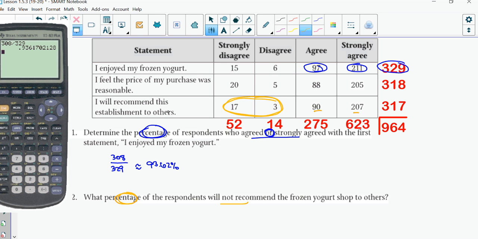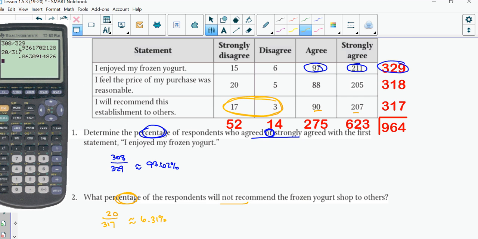Okay, they're disagreeing. So that would be a total of 20 out of this entire row, which is 317 people who answered that question. So if I do 20 divided by 317, I get about 6.31% of people will not recommend.